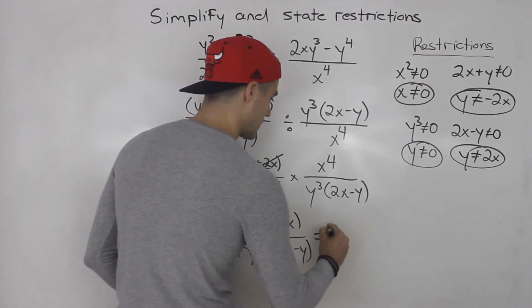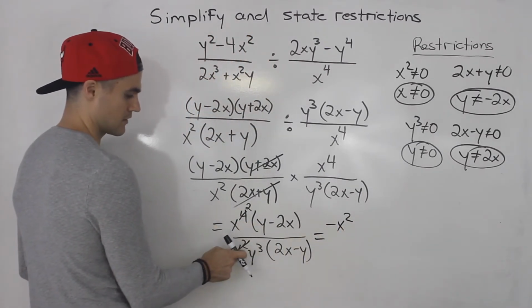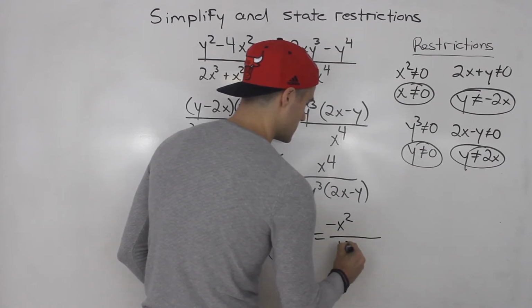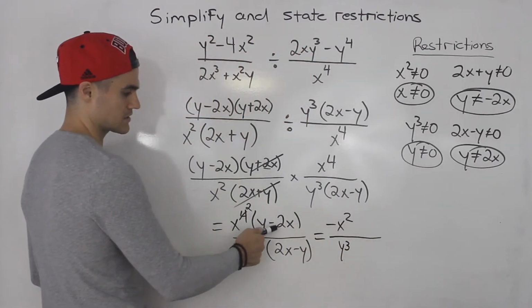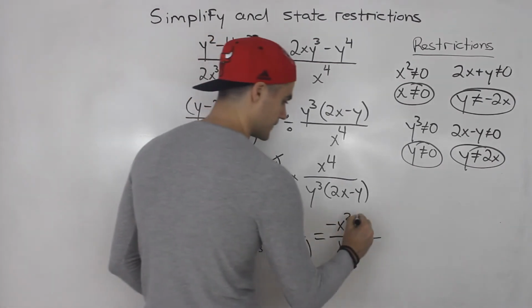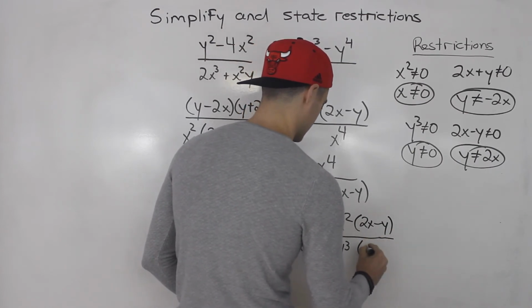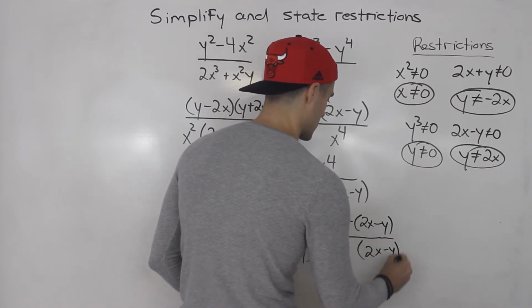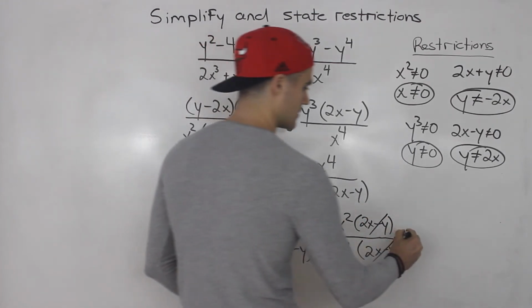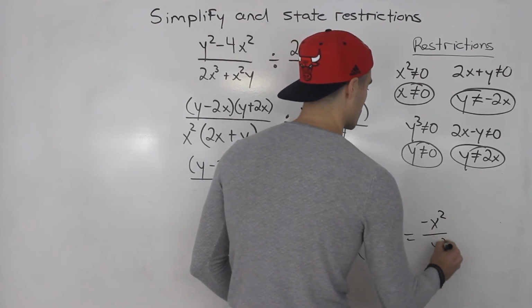So if we take out a negative, put it in front, we got the negative x squared here. This x squared goes away. This is going to be all over y cubed. Since we took out the negative from this, the signs change, so we're left with positive 2x minus y. And this is 2x minus y. And then those will cancel out right there. So final answer, negative x squared over y cubed.